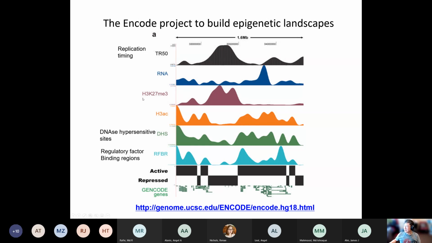And then if you study this histone H3 lysine 27 trimethylation, that means you have three methyl groups attached to the lysine residue of histone H3 on the N-terminus. Where do you see the modification? You see a peak around this place. So you have a lot of modification around this place. And now you have another track that shows you histone H3 acetylation.